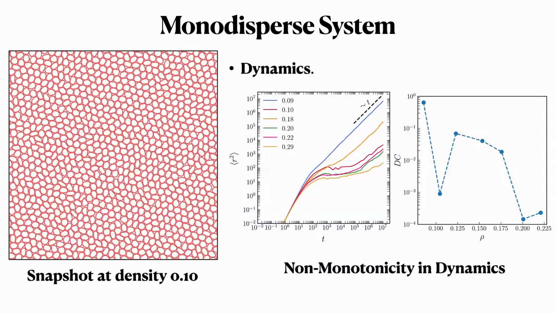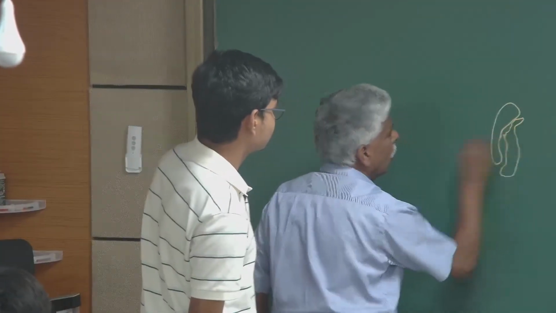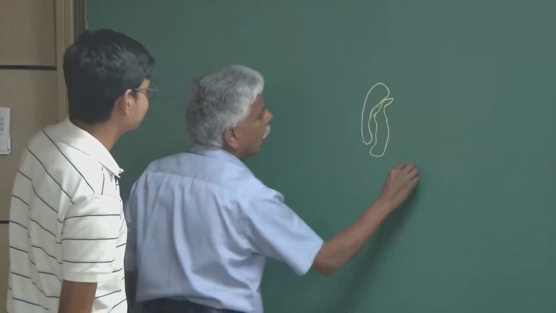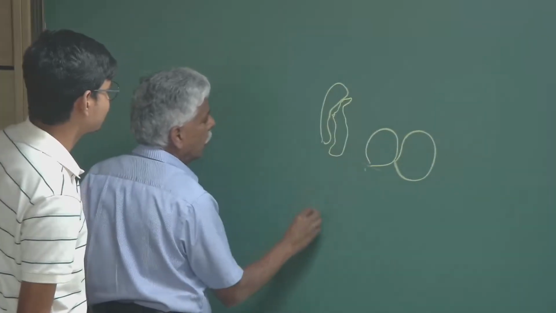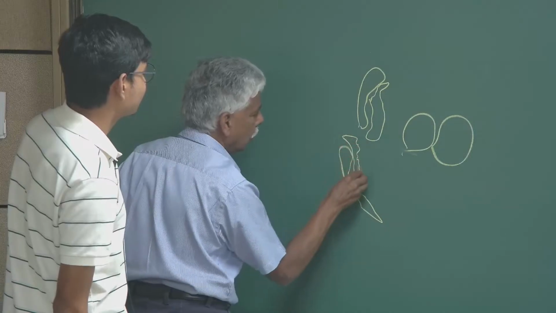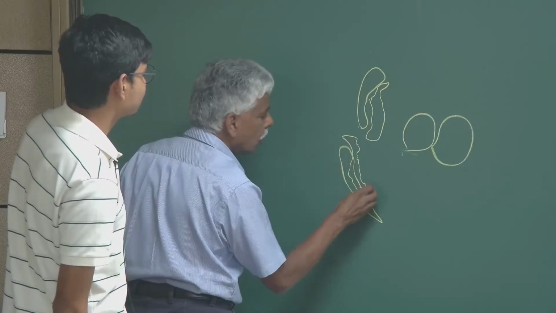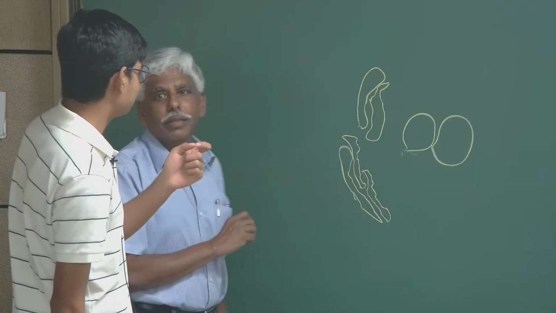I would have something like that. It's not always like this; it doesn't have to be like this. I could have something like this, so it looks like you have a quite semi-flexible chain. But you don't see it, right?